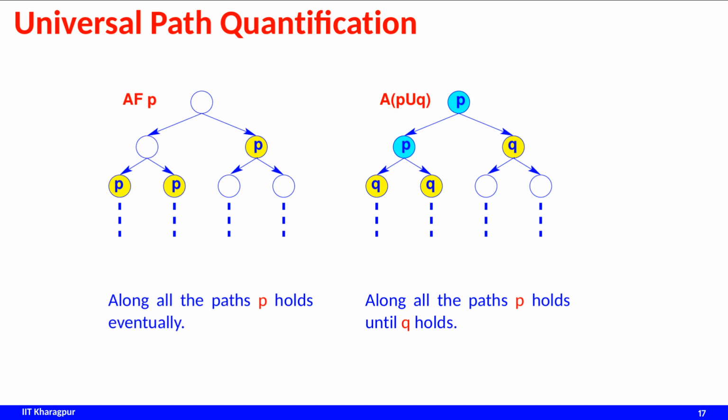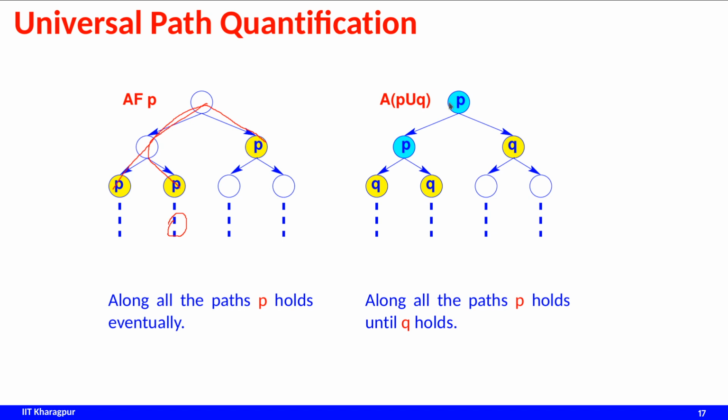When you have AFP, you are looking at this state. In this path P is true, and in this path P is true. There is a path and P is true on that path. I'm not going to look into any nodes on whether P holds or not, because if I take this path and find P holds, then along that path definitely P will hold. So I can say AFP is true.